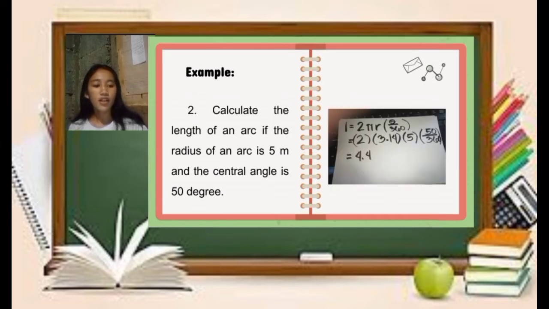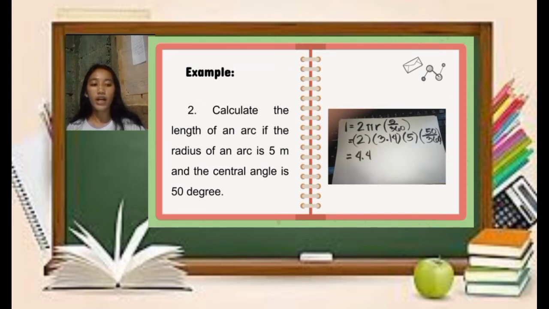Next example, calculate the length of an arc if the radius of an arc is 5 meter and the central angle is 50 degree. So, from this example, all the data are given, so we need to plug in to the formula.